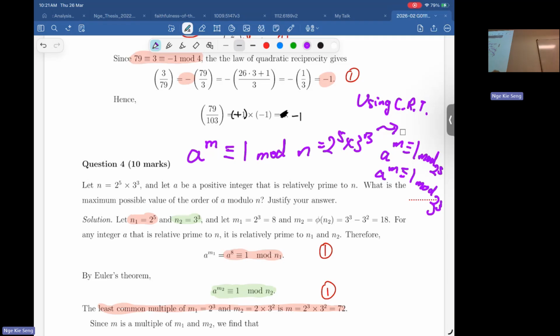So meaning this number here, instead of 2 to the 5 minus 2 to the 4, we take 2 to the 5 minus 2 to the 4 divided by 2, which is 2 to the 3. Does it make sense? Or should I show you?